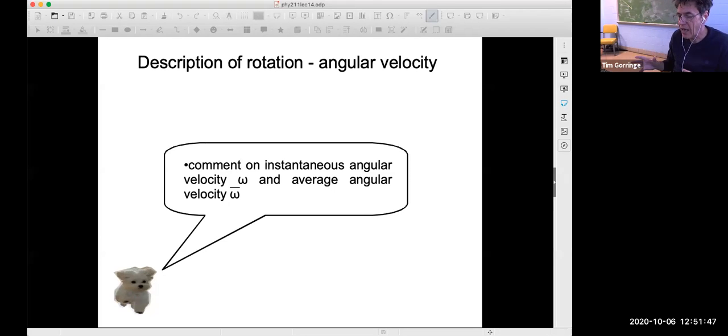We calculate the average angular velocity for that period of time over which the object rotated through some angular displacement. If we think about instantaneous angular velocity, then we're thinking about some instant in time. It's like we shrunk that time interval down to nothing. And at that moment, how many radians per second is the object rotating? How many degrees per second or turns per second? So we will distinguish between instantaneous and average angular velocities.